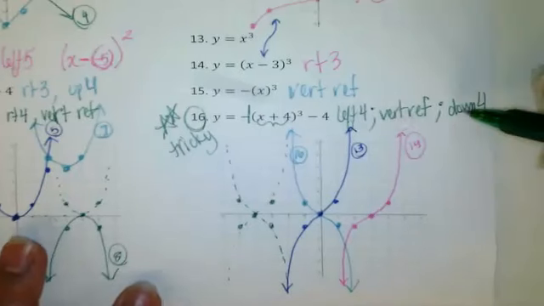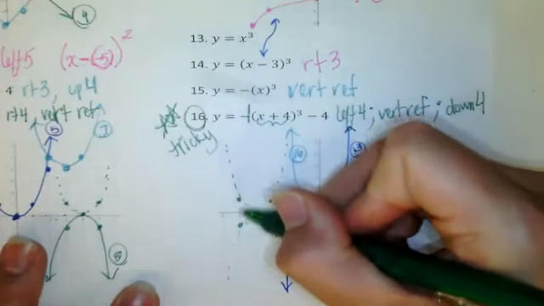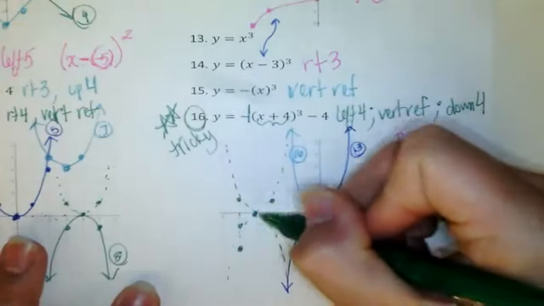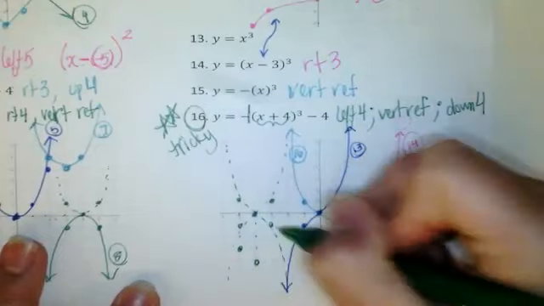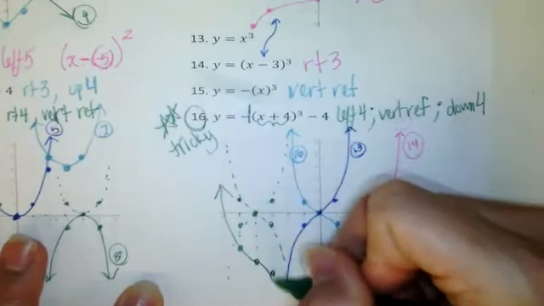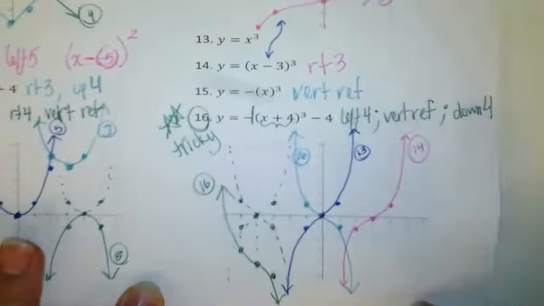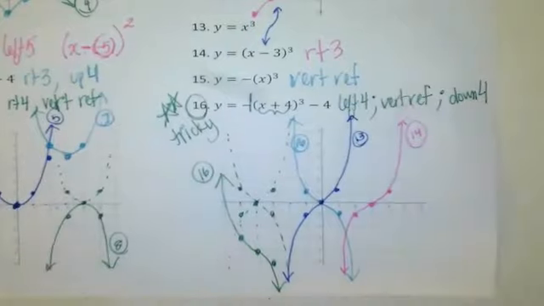And then it has to shift down 4. So I take that last point and go down 1, 2, 3, 4. 1, 2, 3, 4. And 1, 2, 3, 4. And there is our number 16. Whoa.